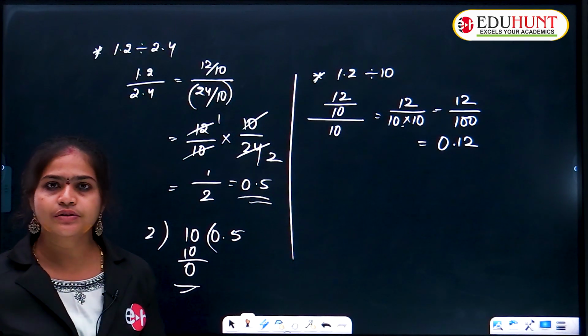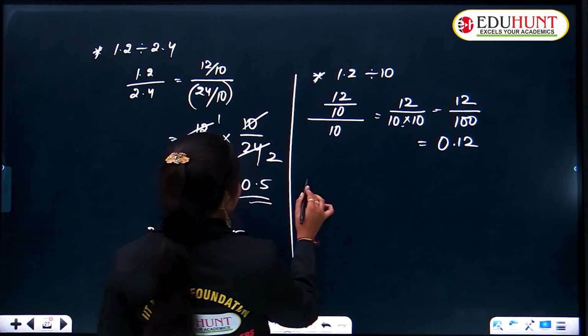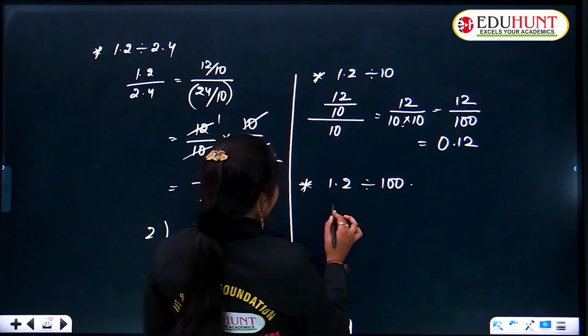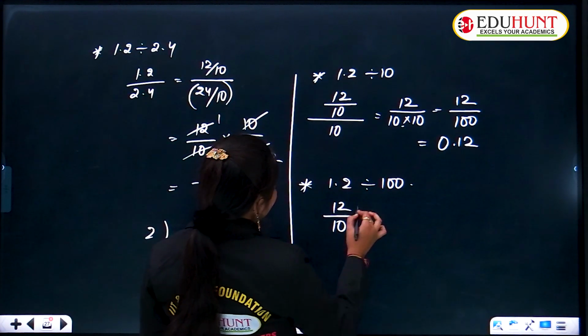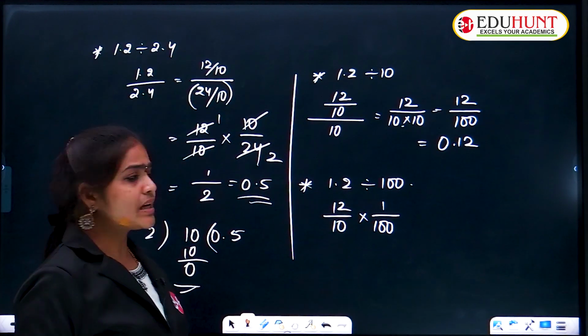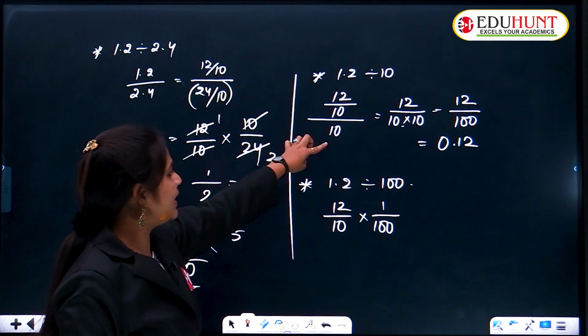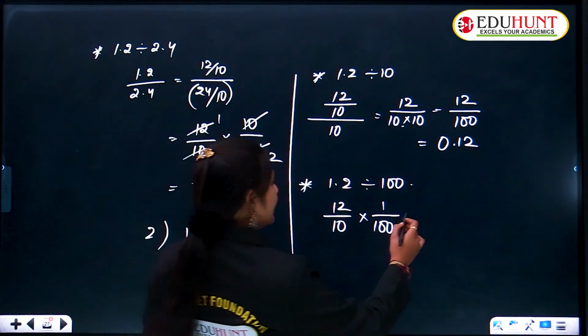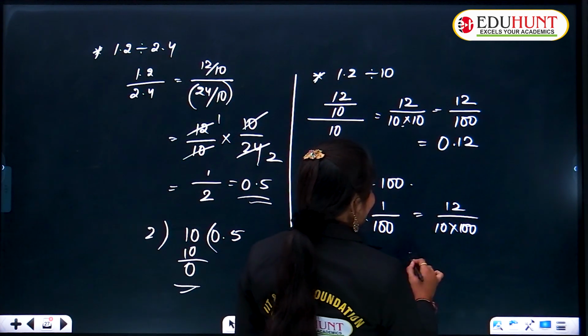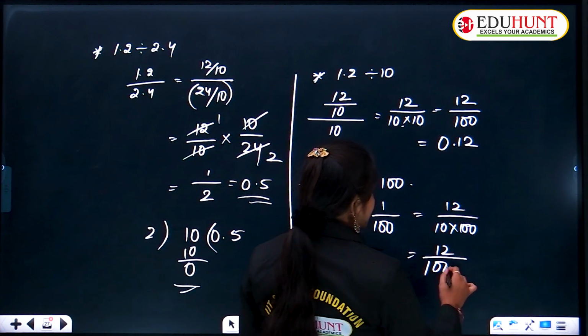0.12. Understood? Yes. And in the same way, division by 100 is also the same. Divided by 100, again 12 by 10 and here 1 by 100. Okay, same process only, no? 12 by 10 whole by 100. Then here 12 by 10 into 100. 10 into 100 is equal to 1000.